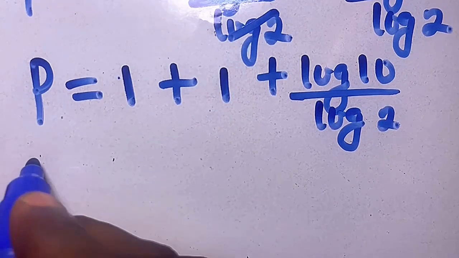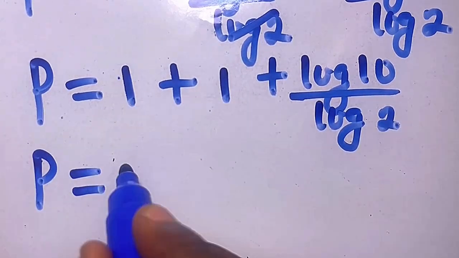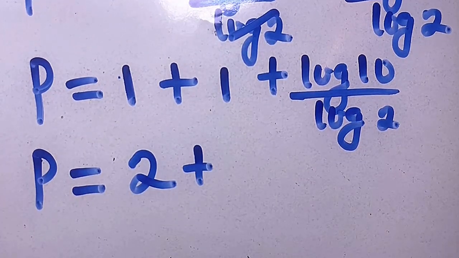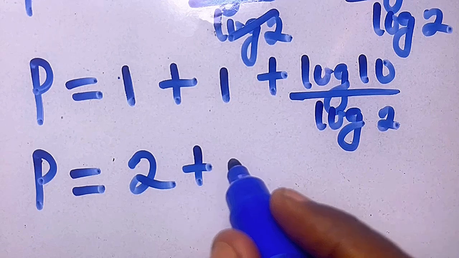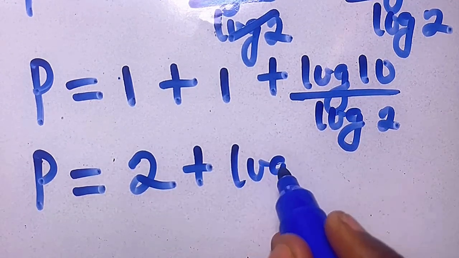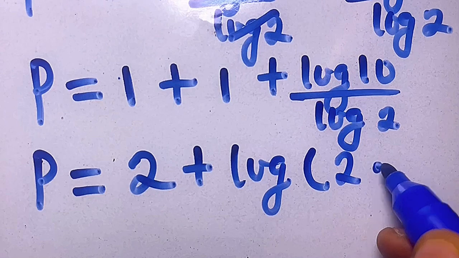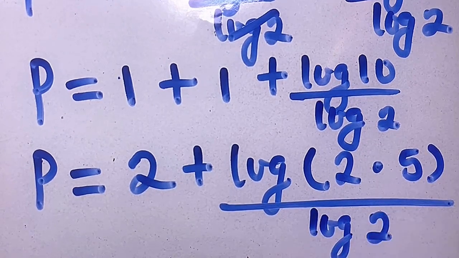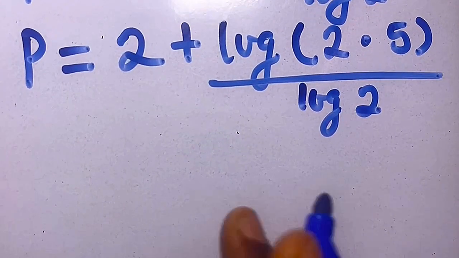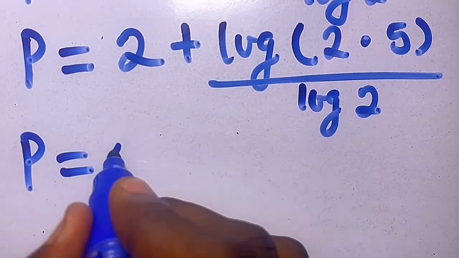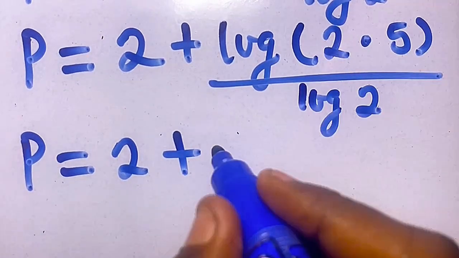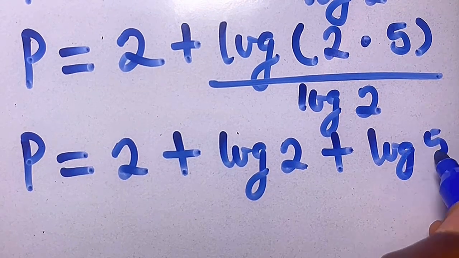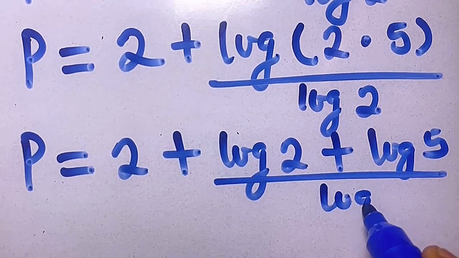Therefore, we will have p equals 1 plus 1, which gives us 2, plus... Again, look here. You can also express 10 as the product of 2 and 5. So we have log of 2 times 5 divided by log 2. So we will have p equals 2 plus log 2 plus log 5 divided by log 2.